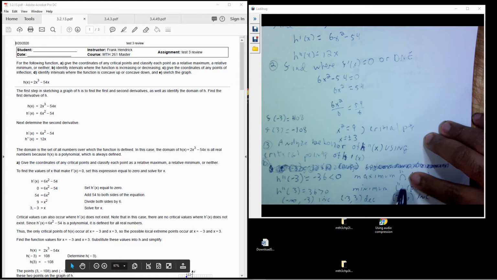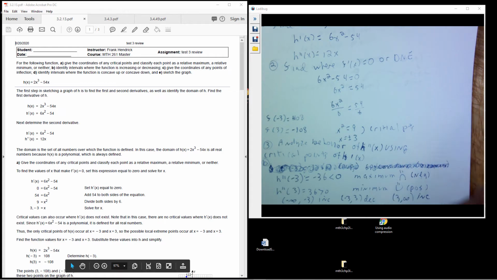So since it's negative here, I'm going to have a maximum. Then I test it out with the second derivative here, and I have a number that's greater than 0. That's a positive number, so we're going to have a minimum.